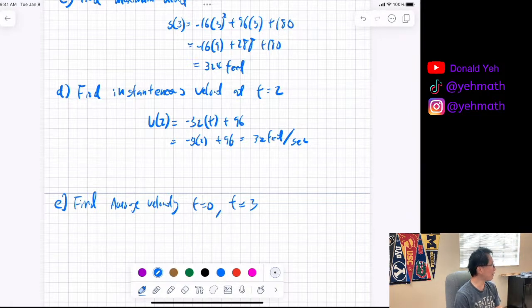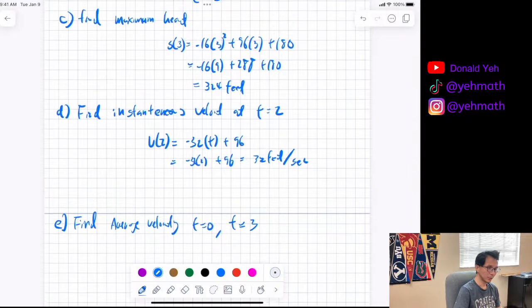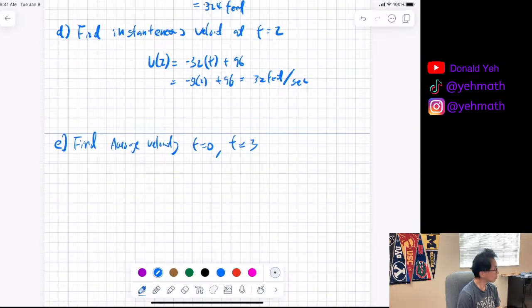So how do I find the average velocity between t equal to 0 and t equal to 3? You do the position on both, not velocity. Because if you plug in velocity, it's not average velocity, it's actually average acceleration, because the change in v over change in t is average acceleration.